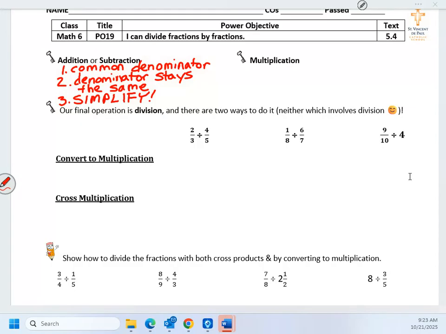Now, if we look at our multiplication, our steps was, remember, no more common denominators. That is only for adding and subtracting. When we multiply, you multiply straight across.